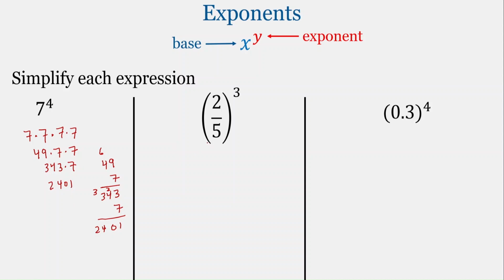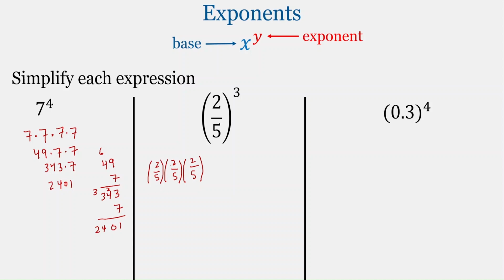So in this second case, our base is a fraction. So we're going to multiply this fraction by itself 3 times. So we have 2/5 times 2/5 times 2/5. A few lessons ago, we practiced multiplying with fractions.